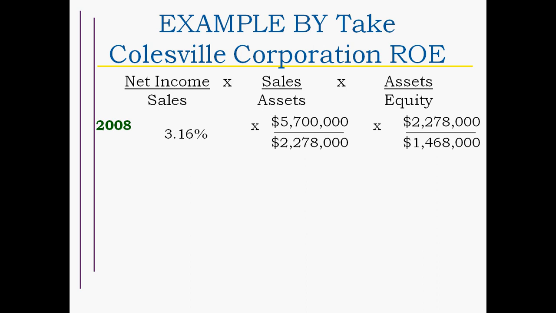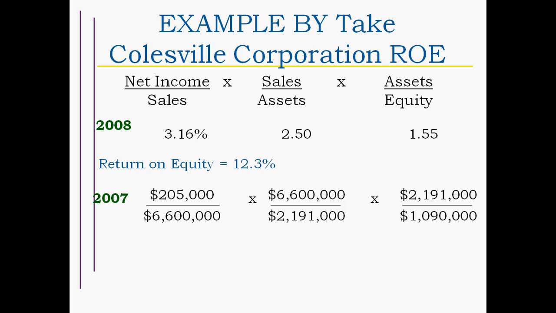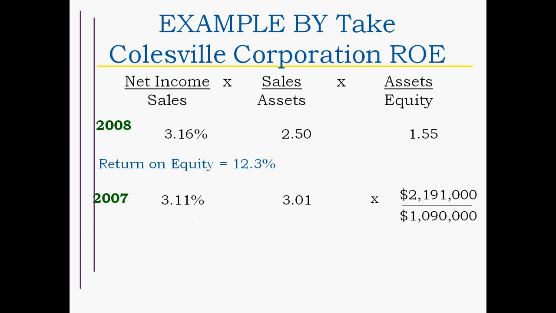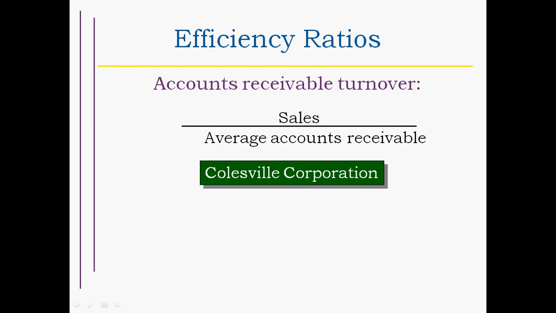It's 3.16%, sales 2.50, and then assets over equity is 1.5. Return on equity is 12.3%. In 2007, 3.11, 3.01 and 2.01, and return on equity 18.8%.